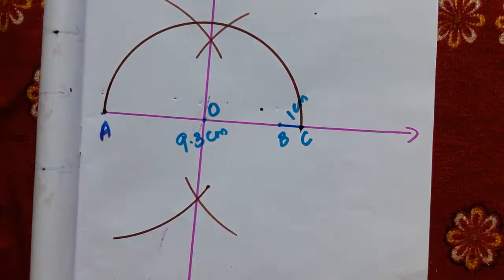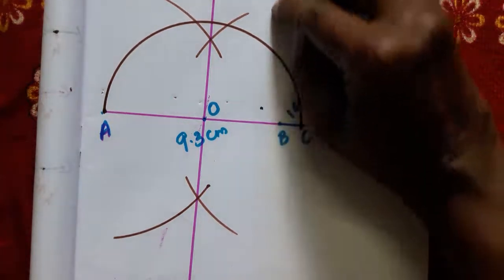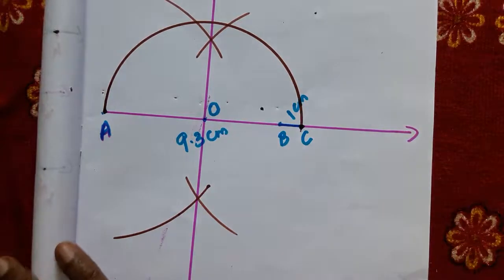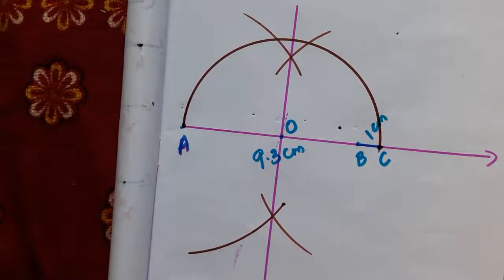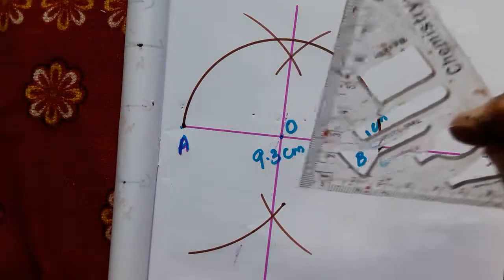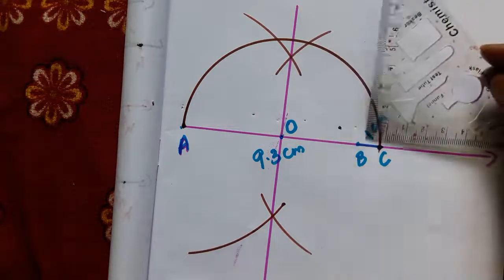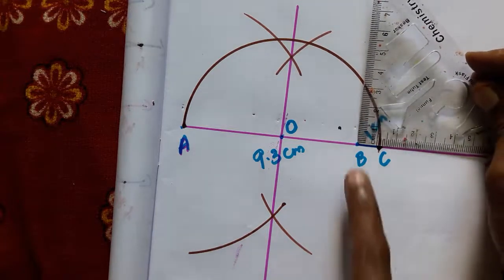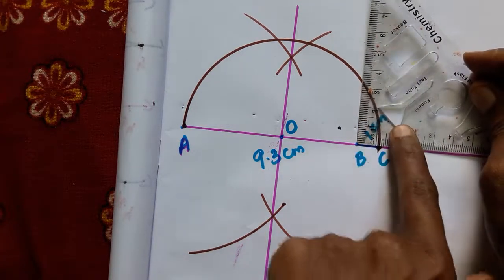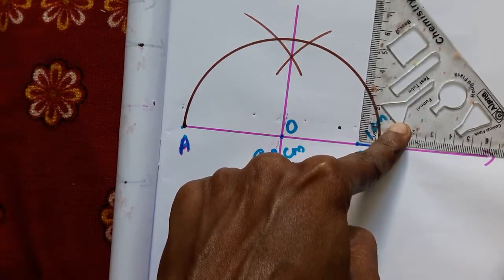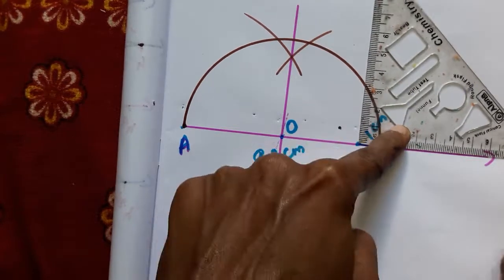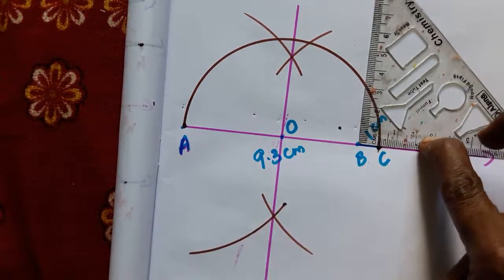Now we have to draw a perpendicular line from B. How will you draw the perpendicular line? Using a set square. You have to keep the set square at point B. B point wants to meet. Next, this straight line as well as the set square want to coincide.